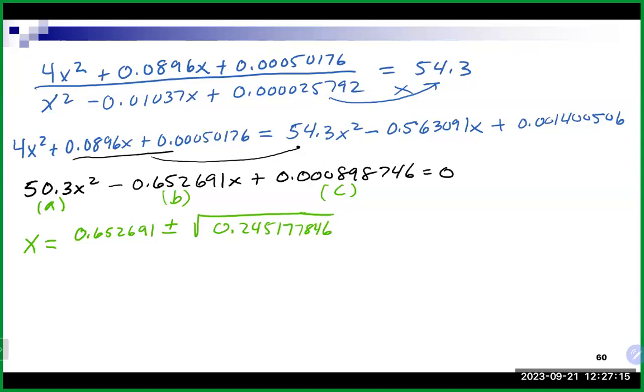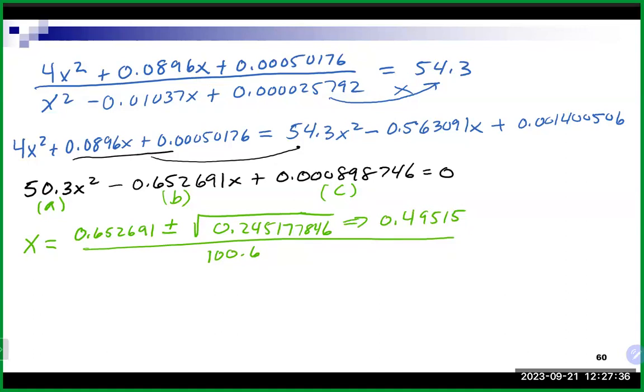Do a little square root action here. I'm going to drop off some of these numbers, and then we're going to end up with 0.49515, we'll call it. That's then all divided by 2 times A, which is 2 times 50.3, gives us 100.6 on the bottom. That then will get us to our 2 x values here.